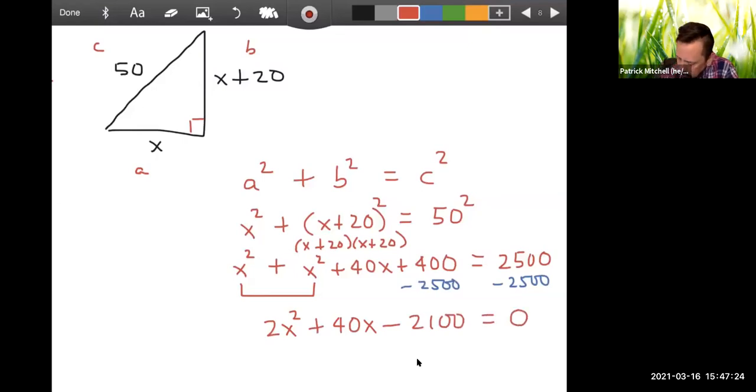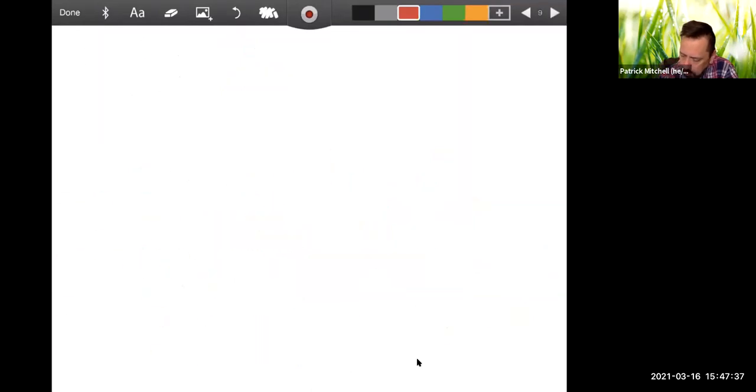All right. So A is 2, B is 40, C is negative 2100. All right, so X equals, or no, let's do it this way.